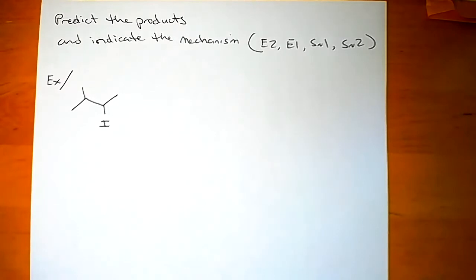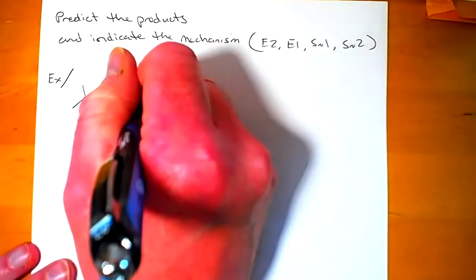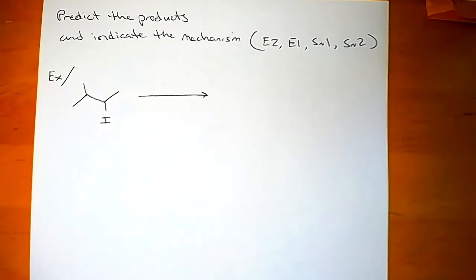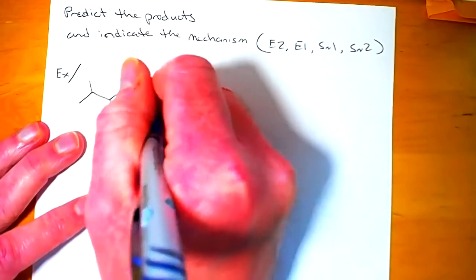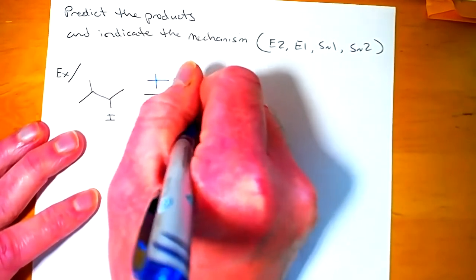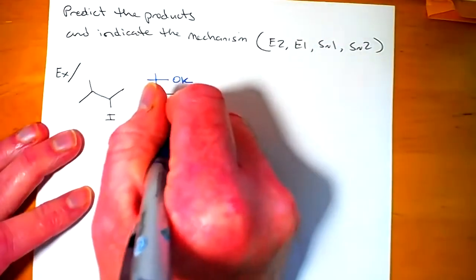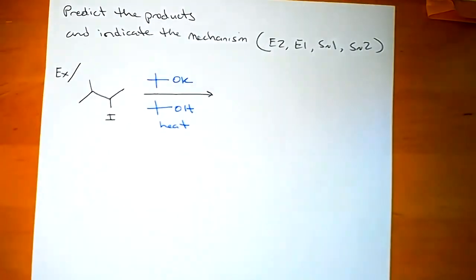And overload. All right, so let's say we have this alkyl halide, and we are going to treat that with a bulky base, tert-butoxide, tert-butanol, heat the system up.